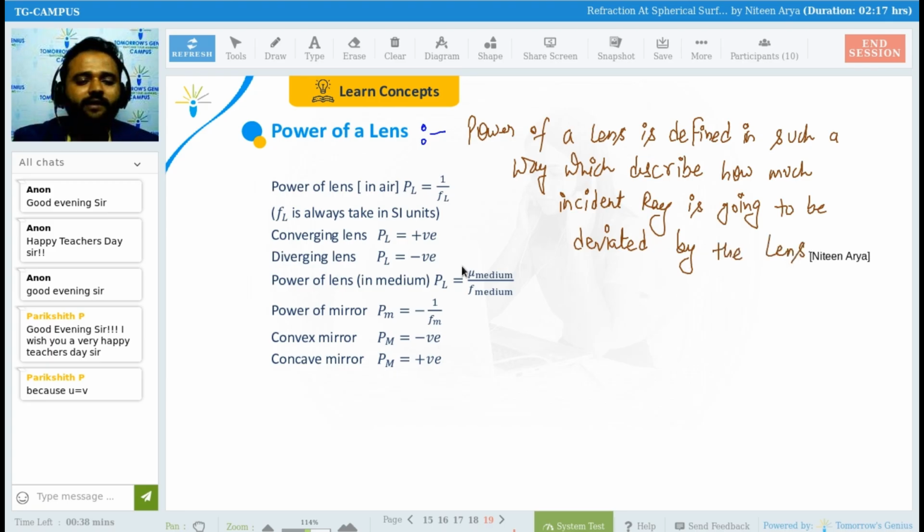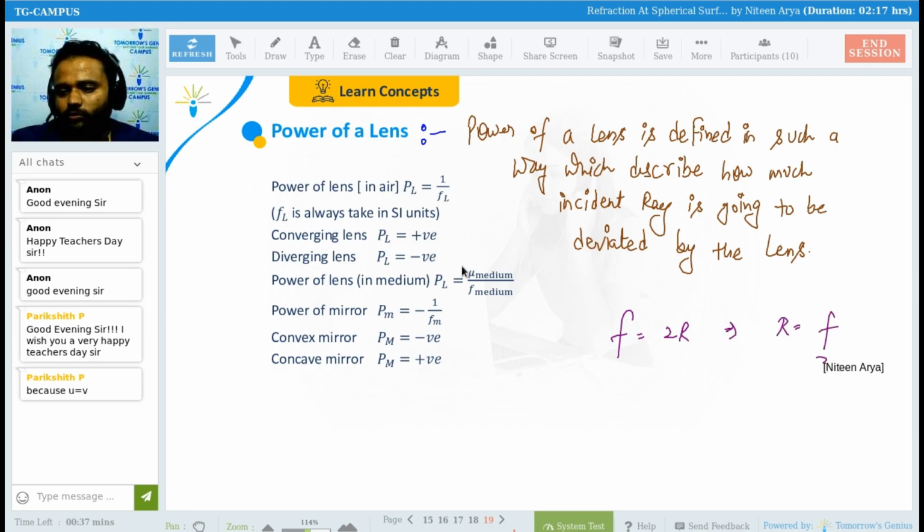Clear? And the deviation is dependent on focal length. The more the focal length, the more the deviation is going to be, the larger the length is going to be. Why so? Because as we know, f equals R by 2, or you can say the radius of curvature is 2f.